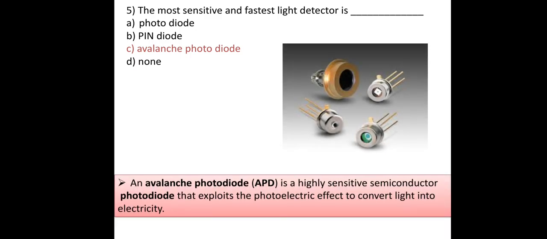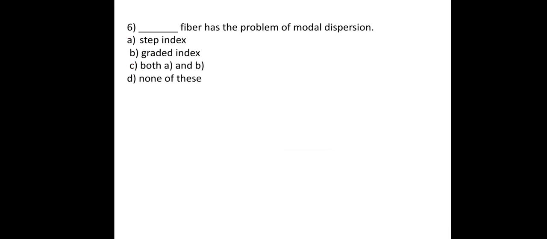The avalanche photodiode, APD, is a highly sensitive semiconductor photodiode that exploits the photoelectric effect to convert light into electricity. The correct option is C.